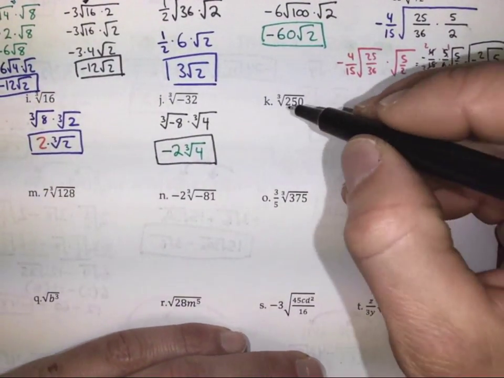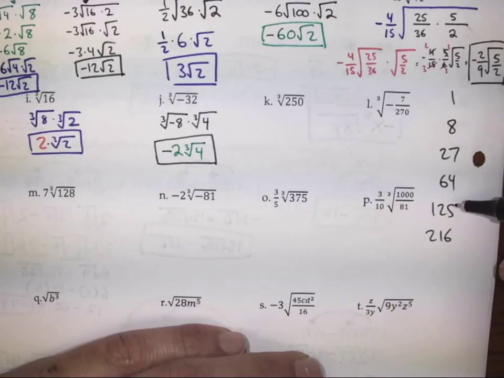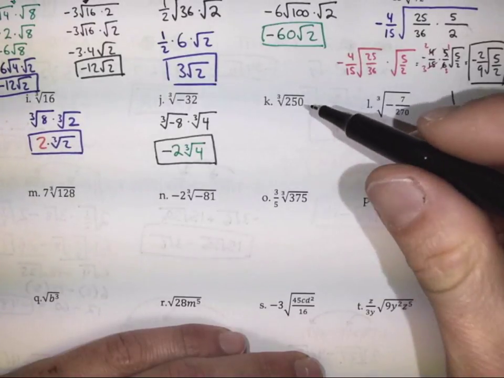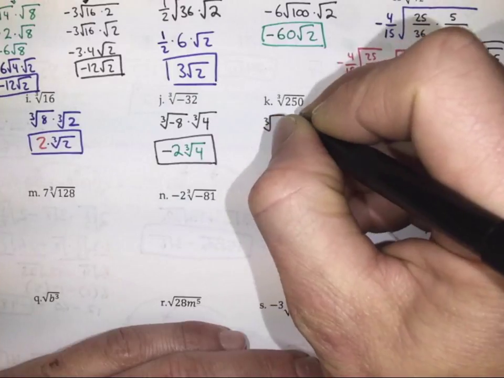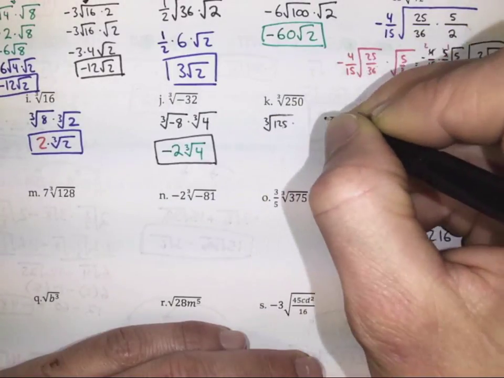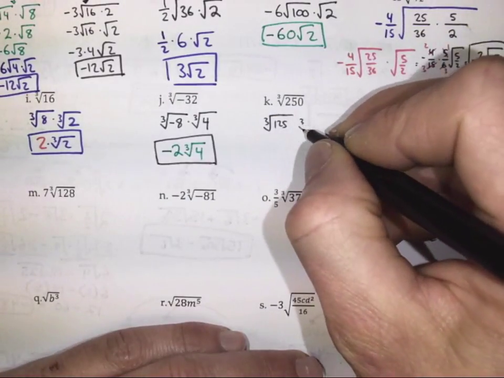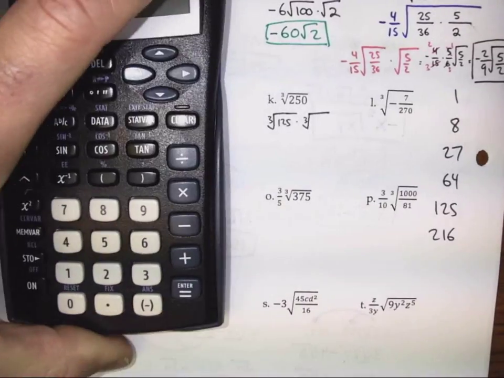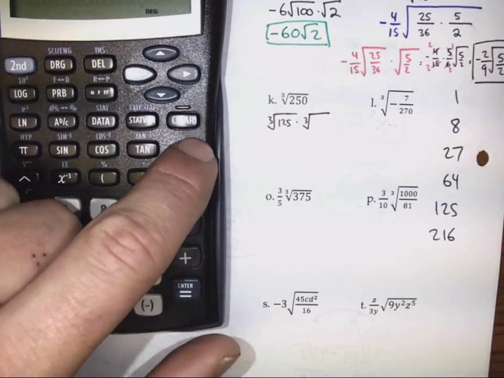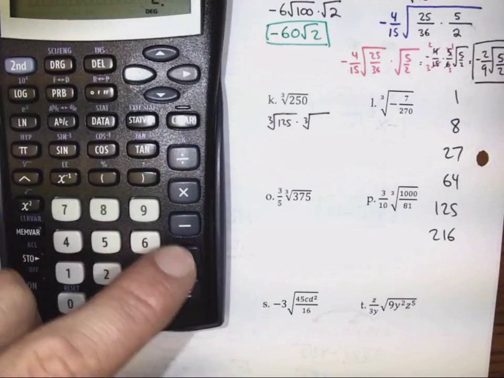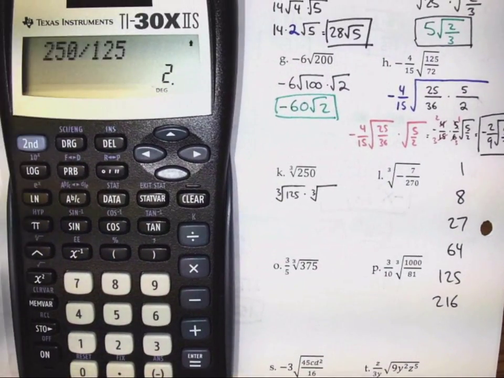Okay, for 250, we might see that 125 is half of 250. So I could call this the cube root of 125 times the cube root of, say you didn't know, you can just check: how many times does 125 go into 250? And the answer is 2. So it's going to become the cube root of 2.